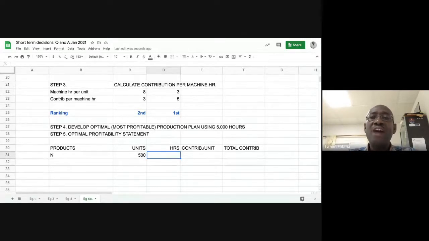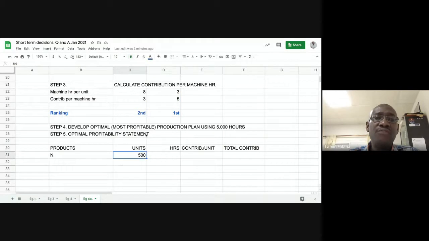So we have to produce the product that will give us the highest benefits as per our problem, and that is our contribution per machine hour. The highest is 5, naturally, so we start producing that first.